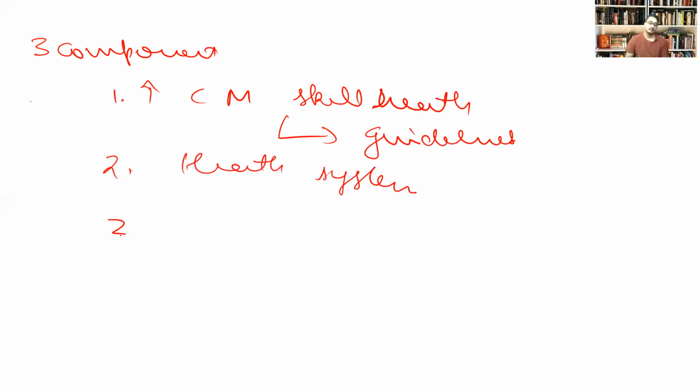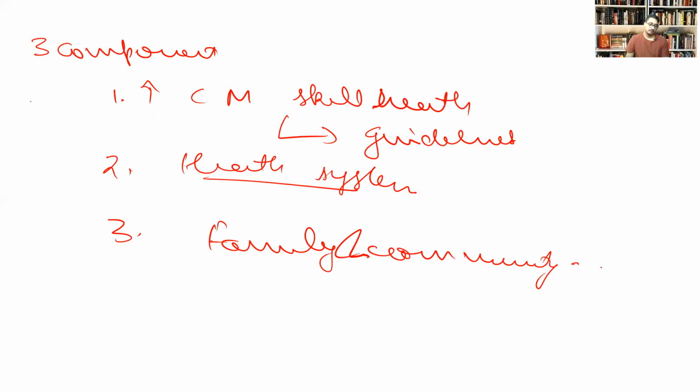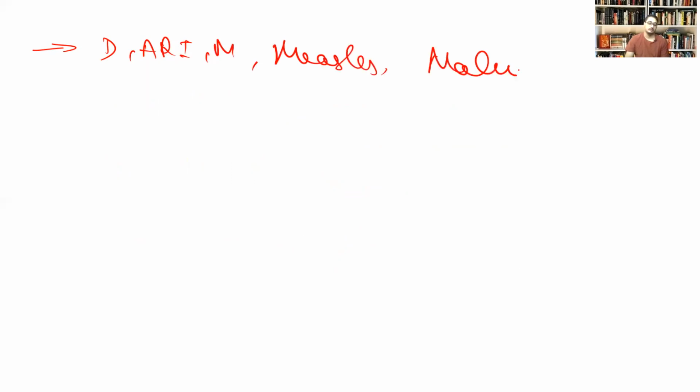And then the third focus is family and community practices. It focuses not on diseases but on syndromes, the specific signs of that particular syndrome. The diseases that are focused are diarrhea, acute respiratory infection, malaria, measles and malnutrition.